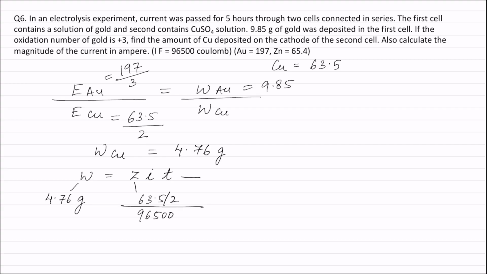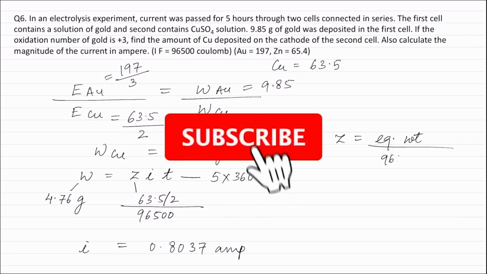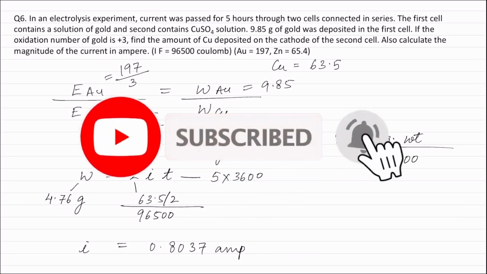T is given in the question as 5 hours or 5 into 3600 seconds. Now solving this equation, the value for I will be equal to 0.8037 ampere. Z is electrochemical equivalent, whose value is equivalent weight, which in this case is equivalent weight of copper divided by 96500 coulombs.